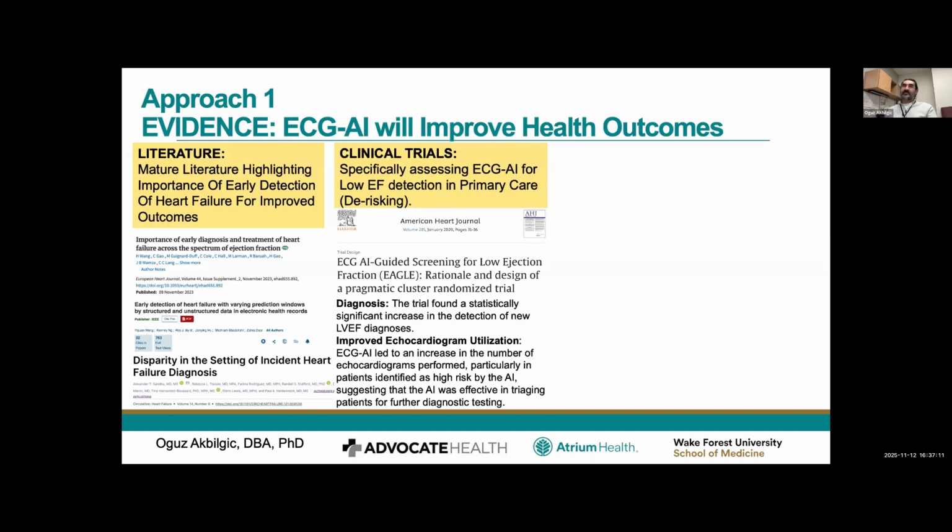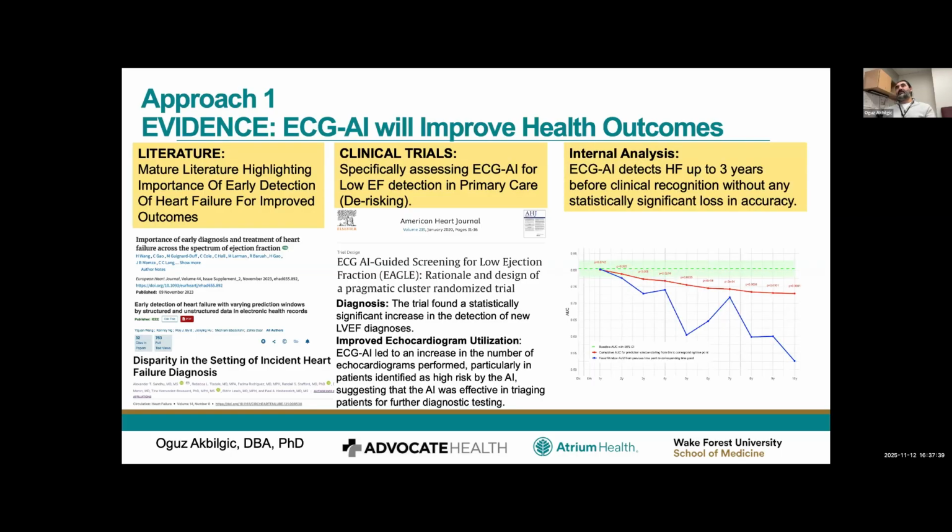There is a clinical trial done by another group, using a similar low EF model, and they showed that using ECG-AI to detect low EF diagnoses more new-onset left ventricular dysfunction, but also optimizes echocardiogram use. It doesn't necessarily increase echocardiogram use because of the high negative predictive value; it actually optimizes it. But we still had to show data from our enterprise.